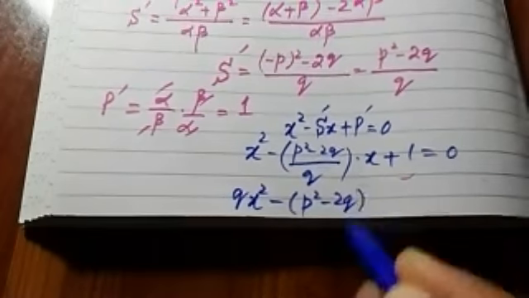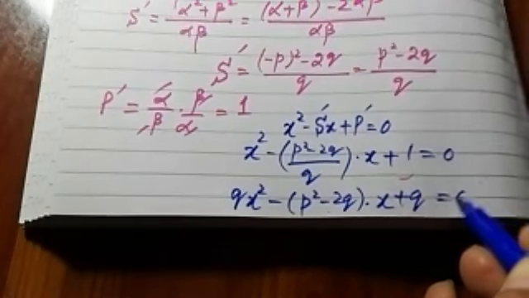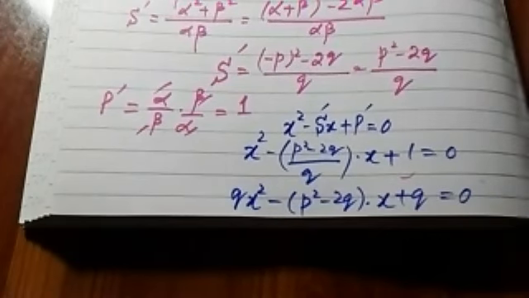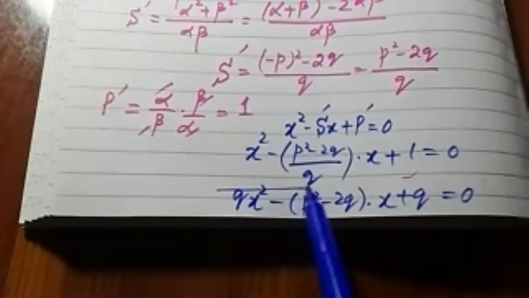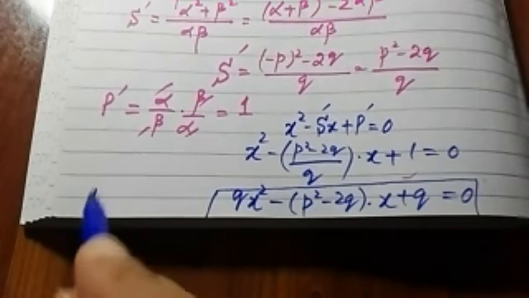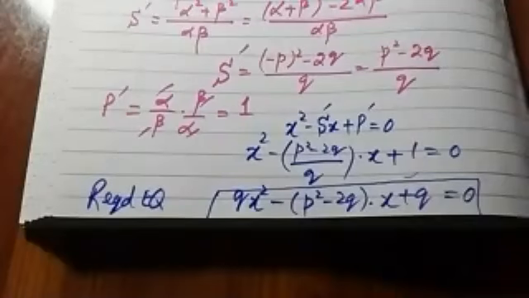So we multiply with q on both sides of this equation, and consequently we get this required equation whose roots are alpha over beta, comma beta over alpha. So this finishes the question.